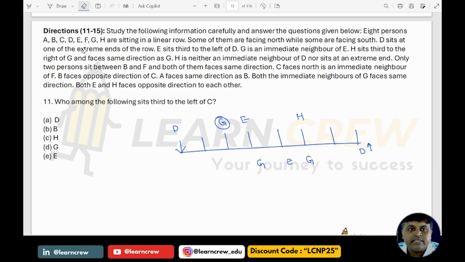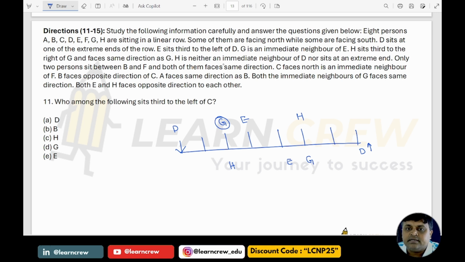And if you take this case, H sits third to the right of G is possible, means first, second and third. So this is not possible in this case. G cannot be here.